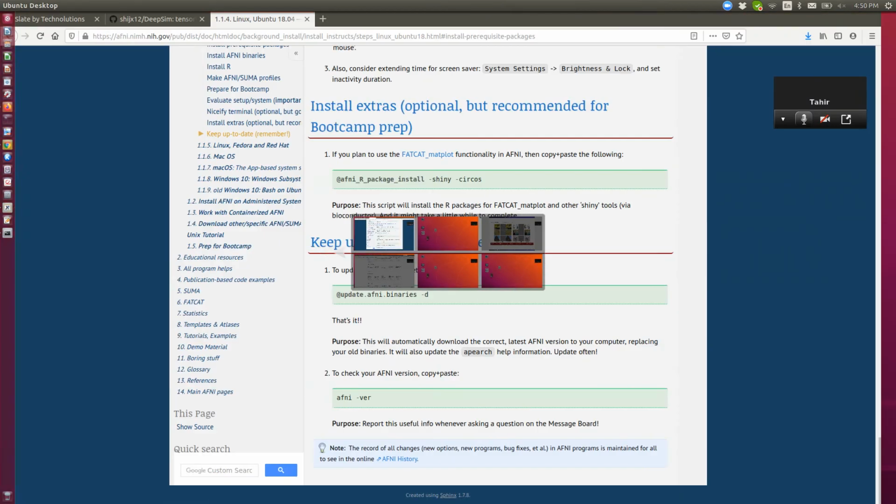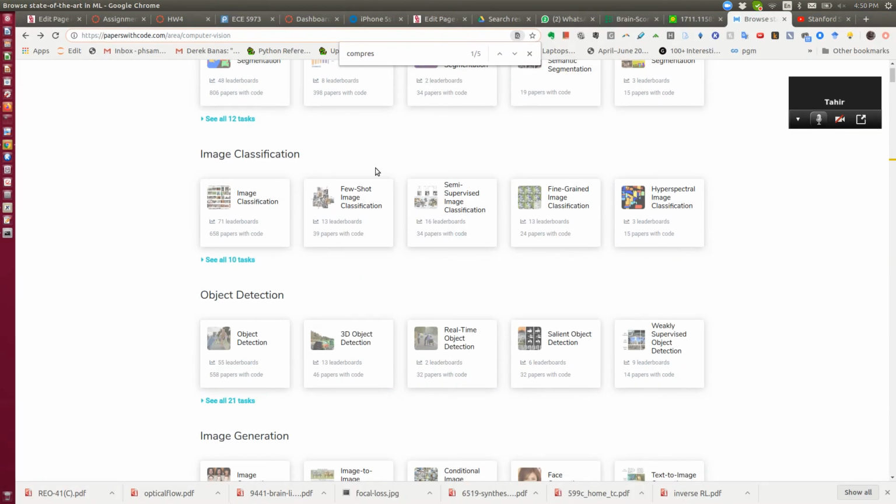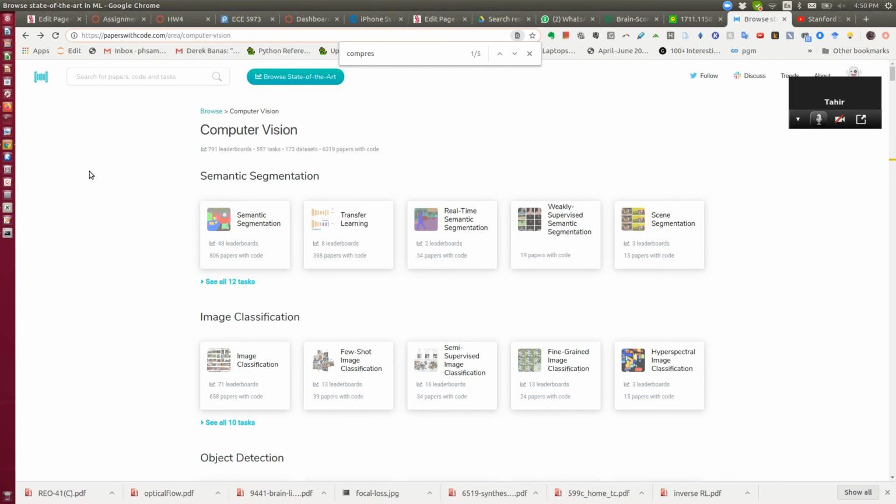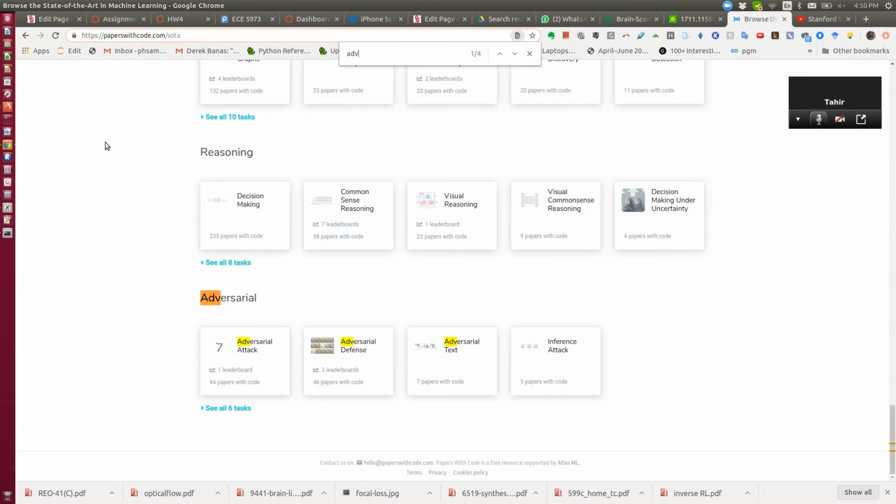Let me show you this page here, a pretty nice site on it. Adversarial attack is a whole research area now, where you create algorithms to trick the network.